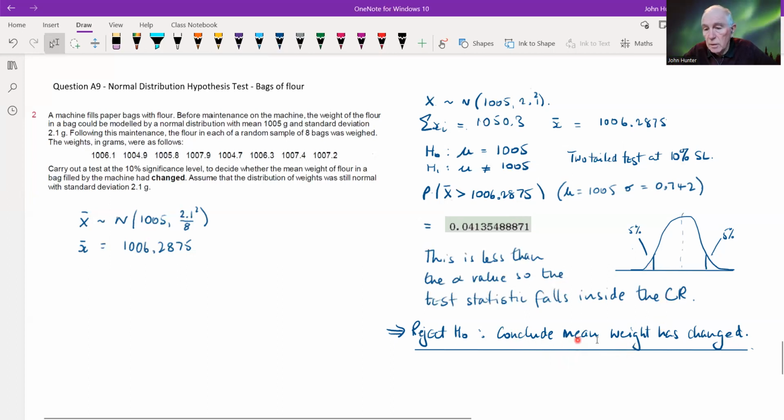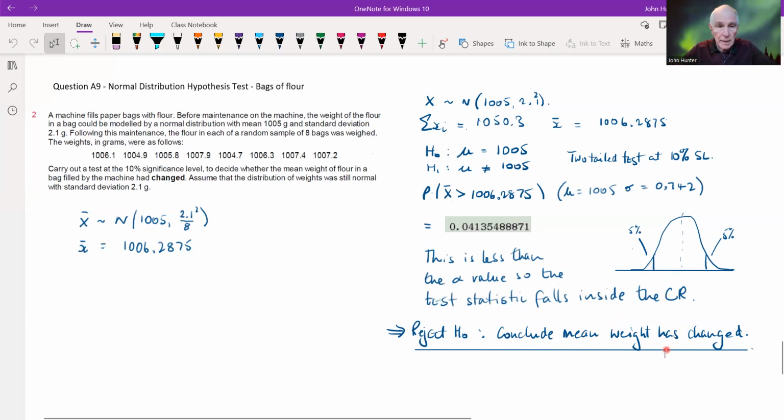Okay, so we've concluded that the mean weight has changed. What the mean weight actually is now, of course, is a matter for a separate study. We have merely concluded that it's not the original 1005, and that we need to consider something different.